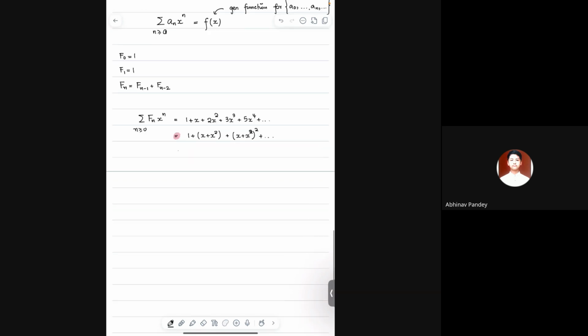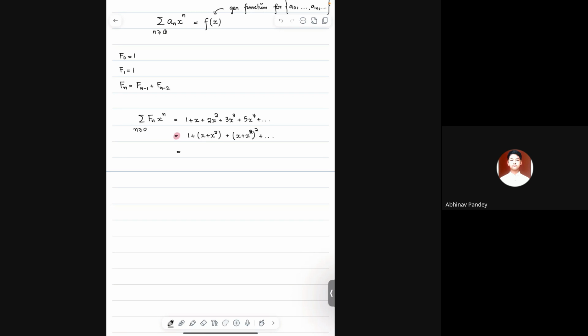Somebody wrote down something in the chat which is a little wrong because I'm starting from n equals 0. I think what you wrote down will be correct if you start from n equals 1, but that's okay.